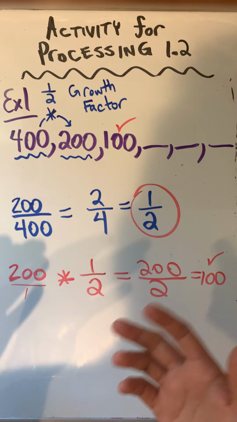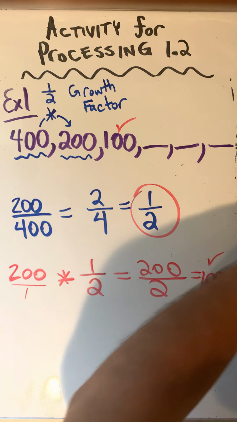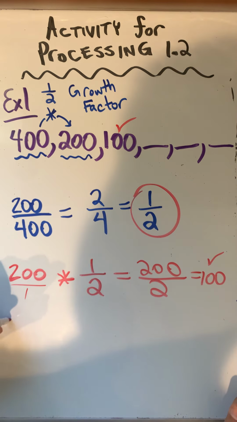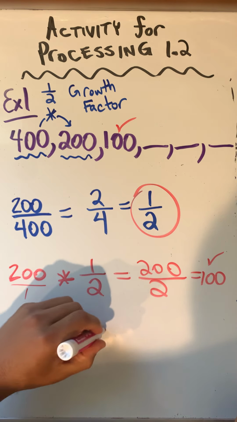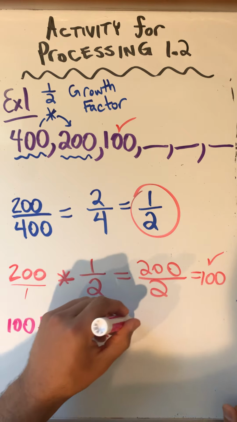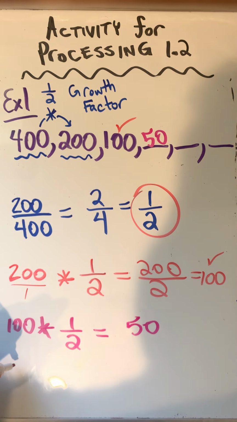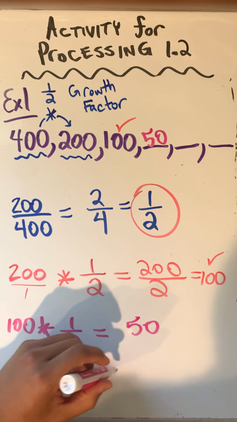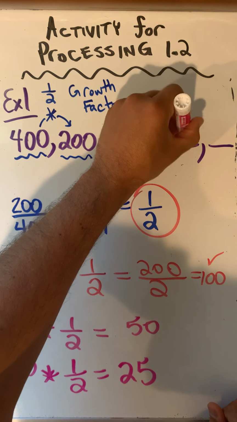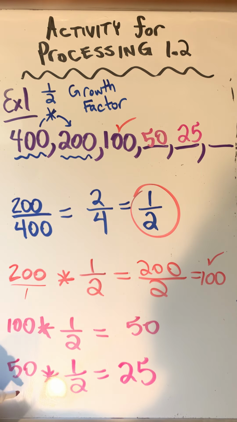So what I'm going to do is I'm going to grab the 100, multiply that times our growth factor 1/2. 1/2 of 100 is 50. Now I'm going to grab the 50 by 1/2, it gives me 25. And then the last one, which is 25, will it fit?